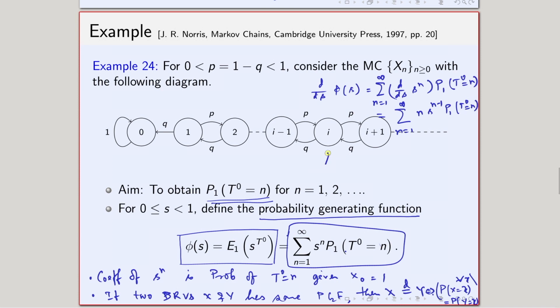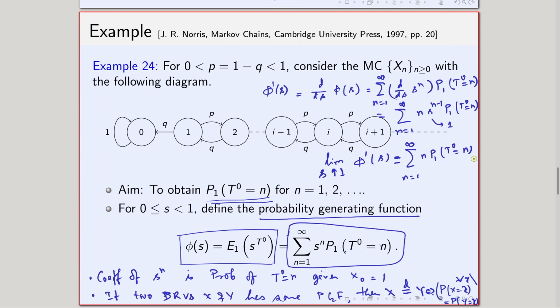Now, if I take the limit as s increases to 1 of phi prime s, again assuming the limit can be taken inside the summation, it is nothing but the sum of n P1(T0 = n), because s^(n-1) goes to 1 when s goes to 1.